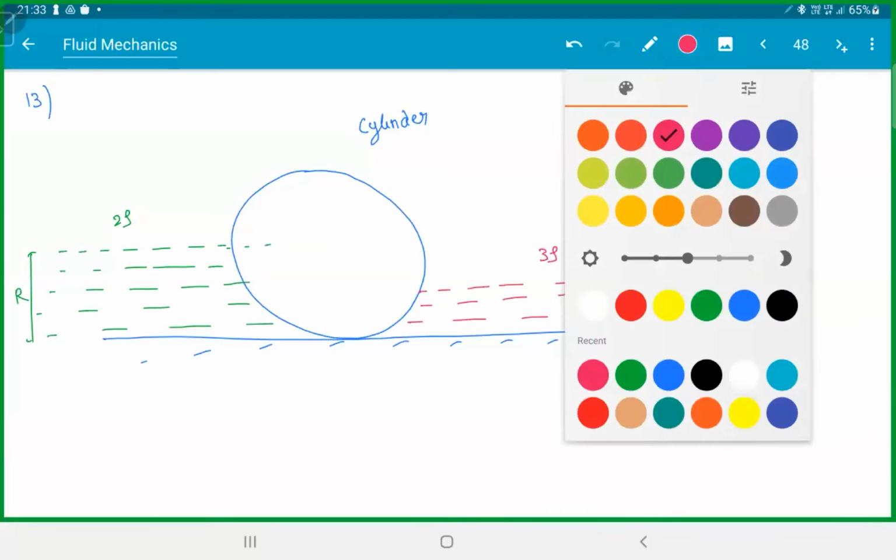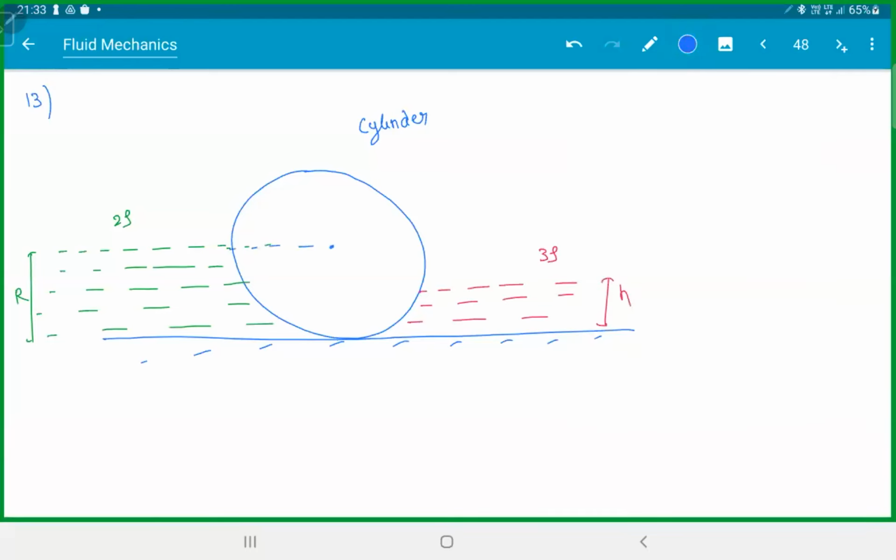And the cylinder is at rest, meaning both the liquids are exerting equal force. The cylinder is in equilibrium. Find h. The radius of the cylinder is r.